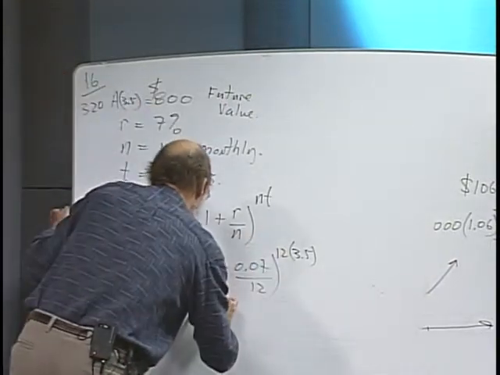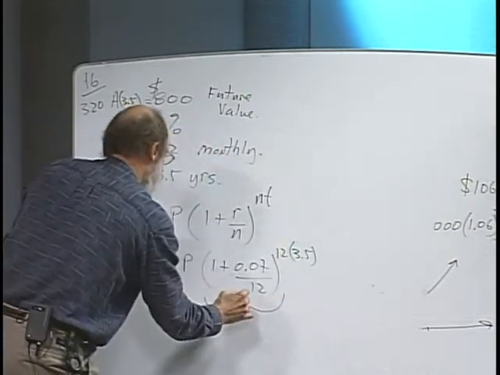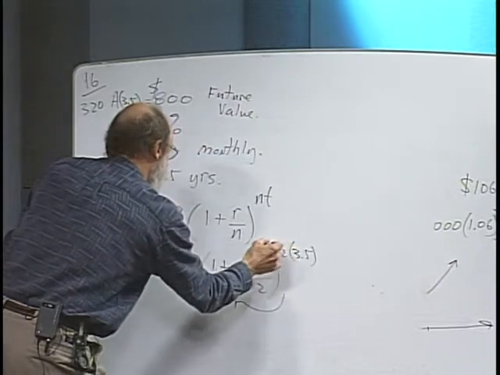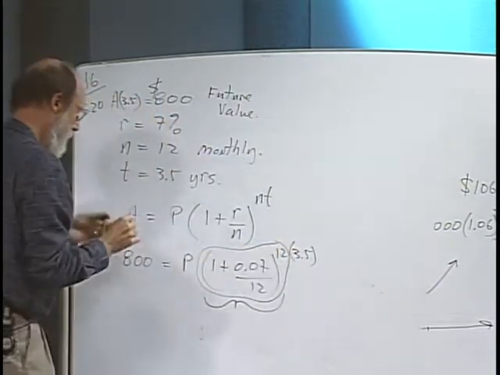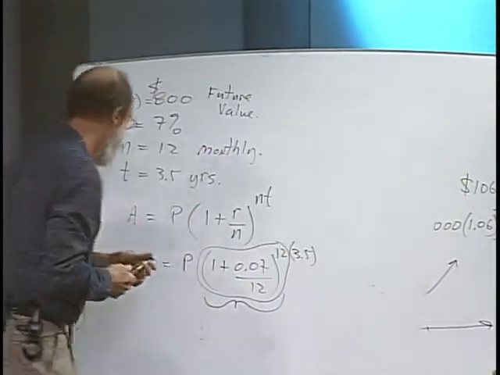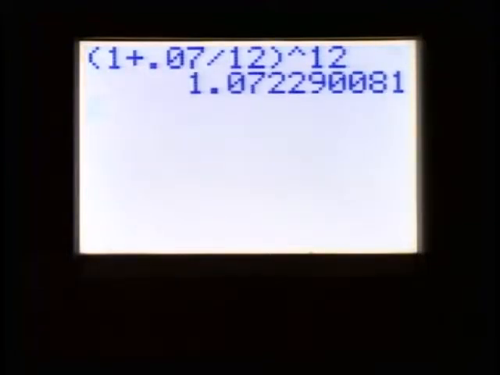But what I want to show you is this number that we get from that little experiment we did a little while ago. If we just take this stuff, including the 12, like we investigated earlier, and if I go back on my calculator and punch that on the home screen, 1 plus 0.07 divided by 12, close parentheses, and raise this to the 12th power, we get this value.